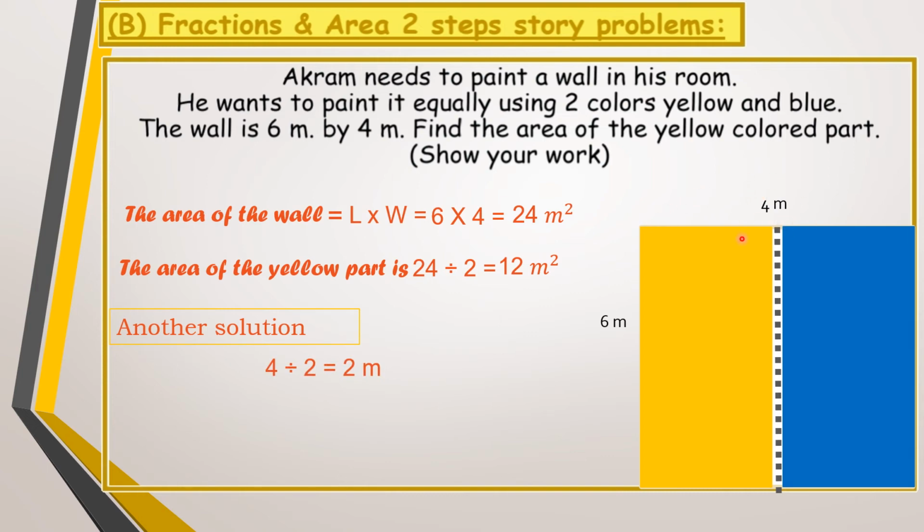So I know now that this looks like a rectangle with 6 meters length and 2 meters width. So I can find the area of the yellow part using this law. Length by width, and this length is 6 and the width is 2. So 6 by 2 equals 12 meters square. It's the same answer, so it's correct.